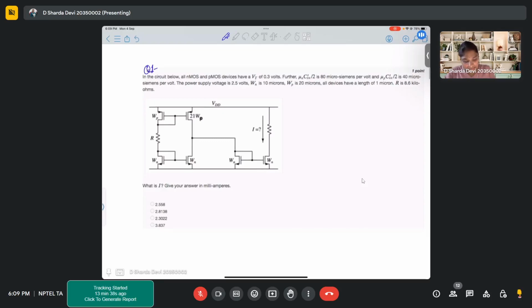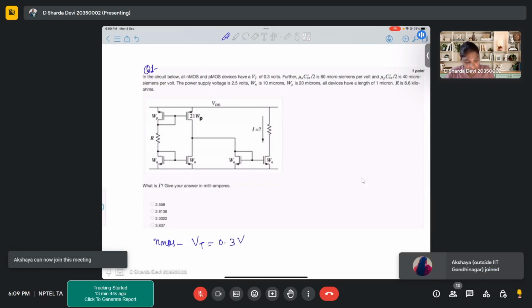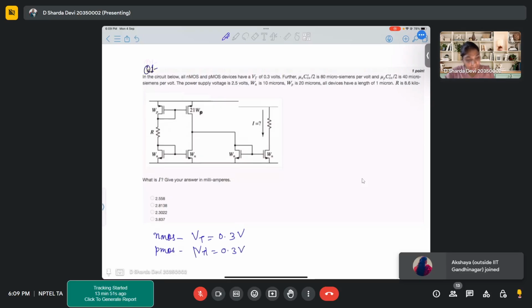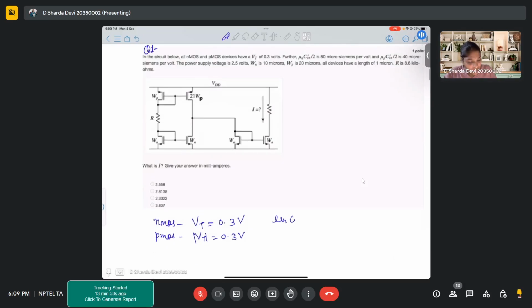It is given that NMOS has a VT of 0.3 volts. Similarly, PMOS also has a VT of 0.3 volts. Mu n Cox by 2 is 80 microsiemens per volt and mu p Cox by 2 is 40 microsiemens per volt.